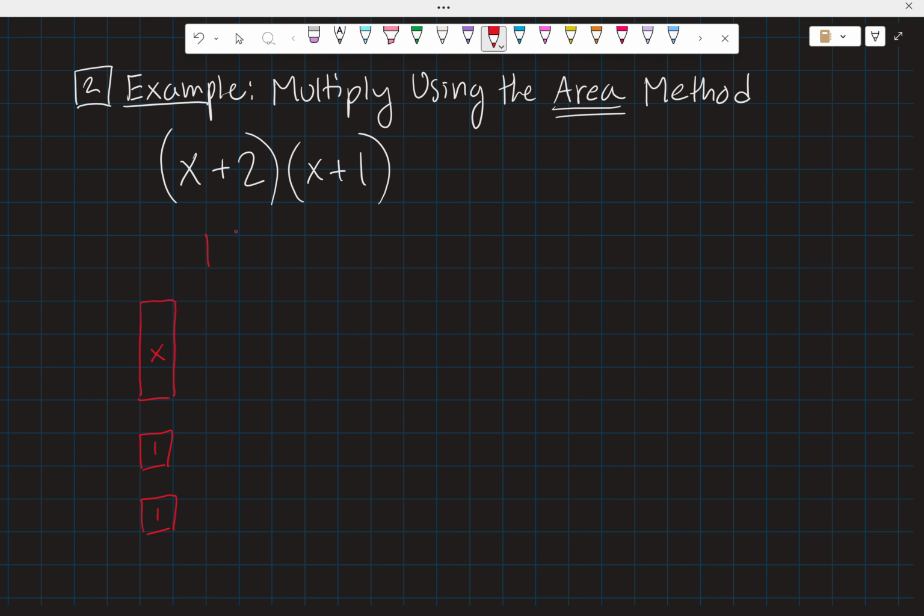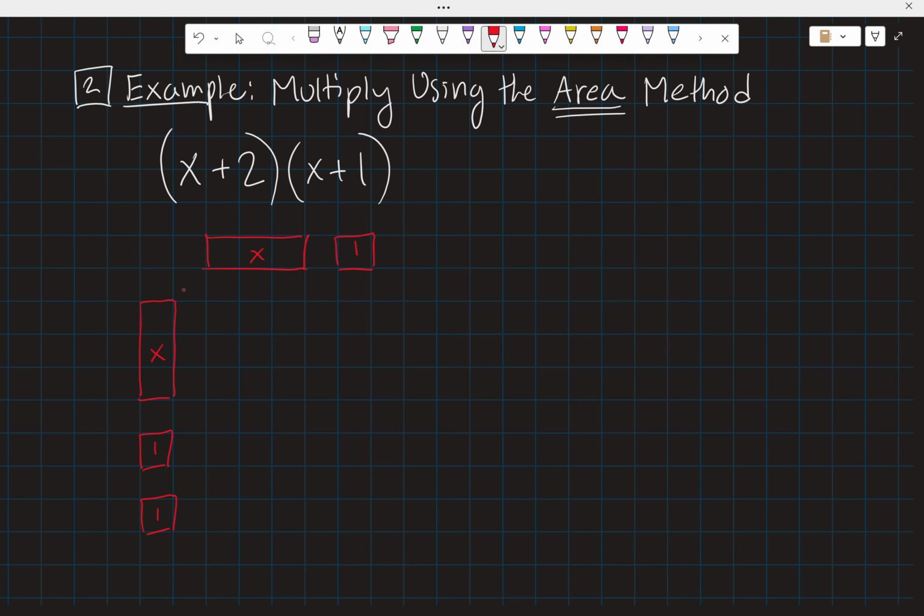And then up here we have our x plus 1 expression that we are multiplying by, which will be represented by an x tile plus 1 unit tile. Makes sense? We have our x plus 2 and our x plus 1.